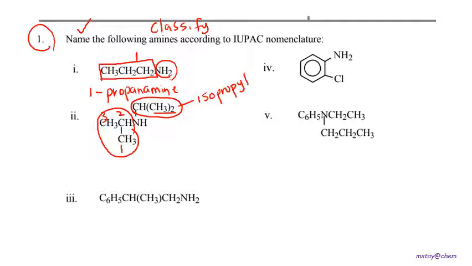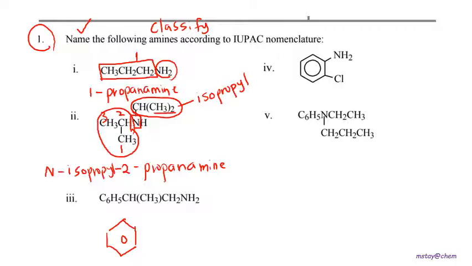So we will know this as 2-propanamine because the nitrogen is attached to the second carbon. And the isopropyl is attached to the nitrogen, so N-isopropyl 2-propanamine.